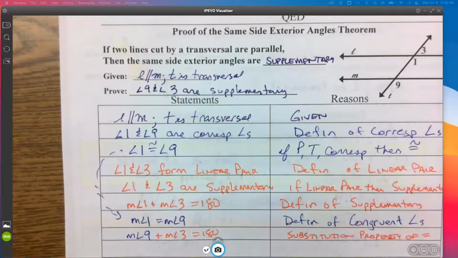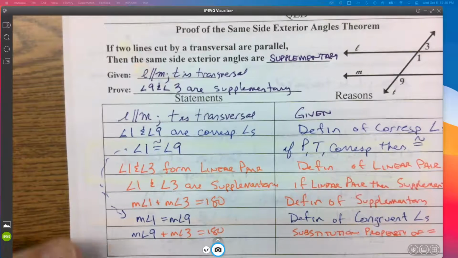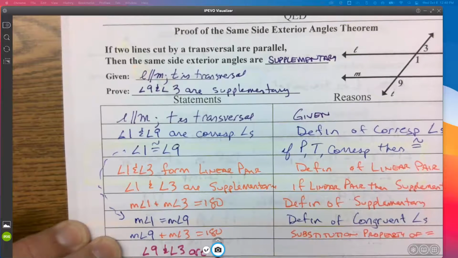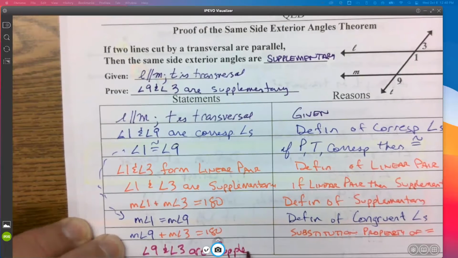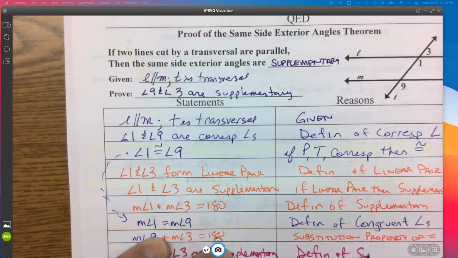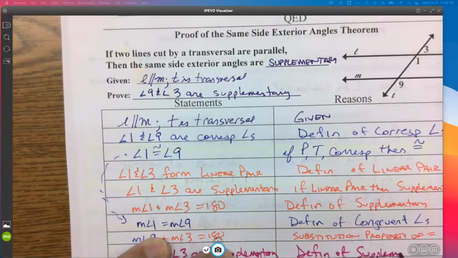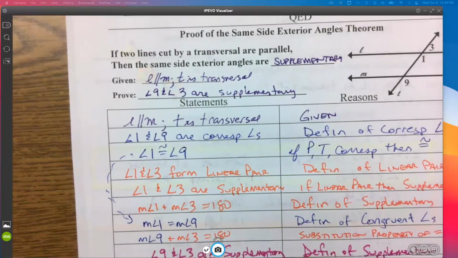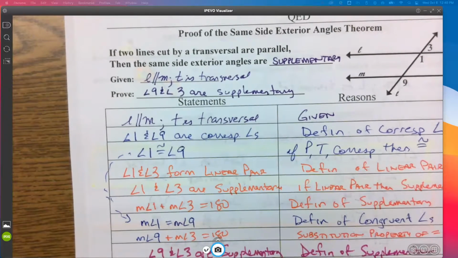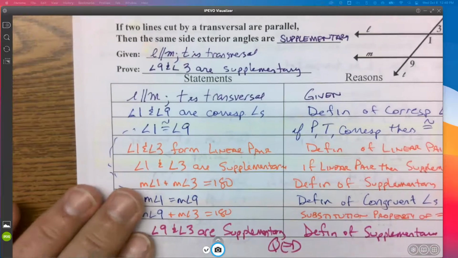And in the end, if these two add to make 180, then that means angle 9 and angle 3 are supplementary. And that's the definition of supplementary again. Having achieved what I was going for, QED, quod erat demonstrandum, I'm finished.